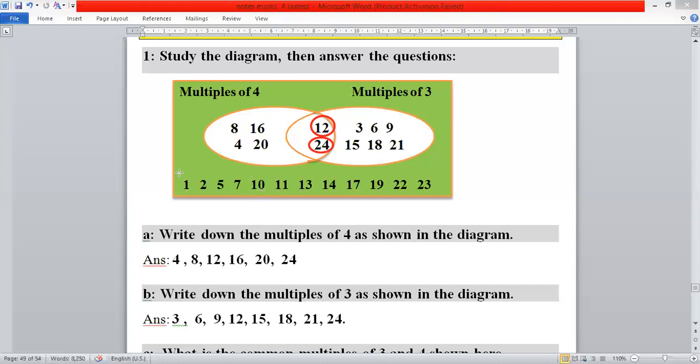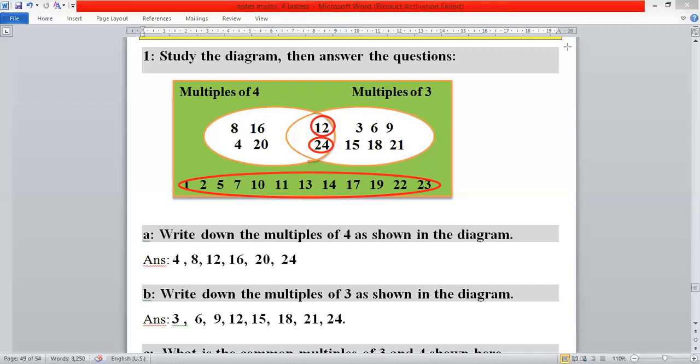And these are the numbers which are not multiples of 3 nor multiples of 4. So in the light of this given Venn diagram, we shall write the answers of the given questions or statements.